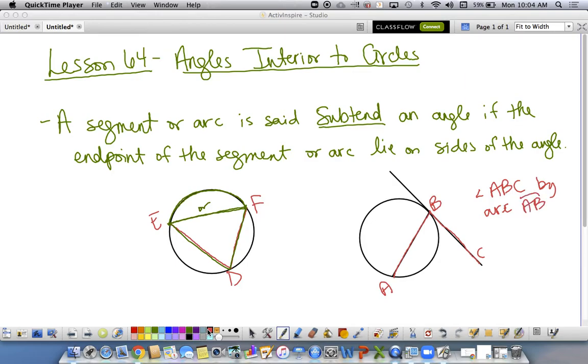Or if I put another letter over here. I didn't use the same letters that they did in the book. I'm sorry. You can put another one over here.